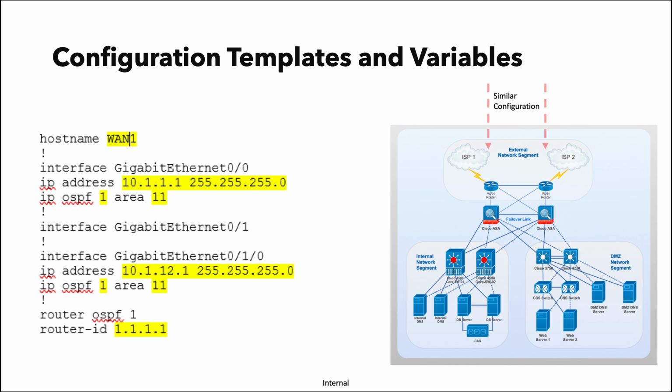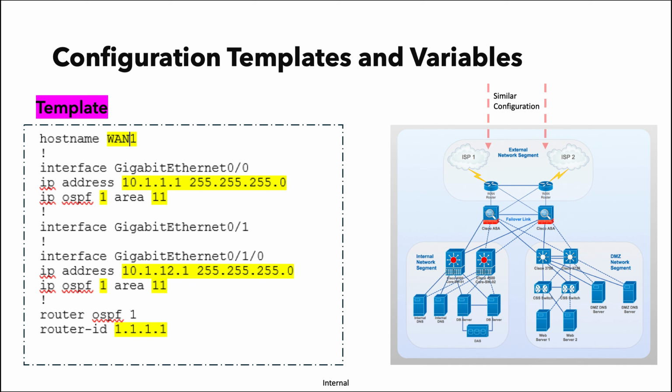All the unhighlighted portion could be the same on all the WAN routers, here in case two WAN routers. So configuration management tools can separate the components of the configuration into parts. The first part, which includes the configuration common to all the devices in that role, is called a template.